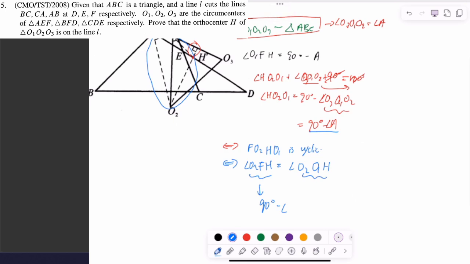We know this is 90 degrees minus angle A.